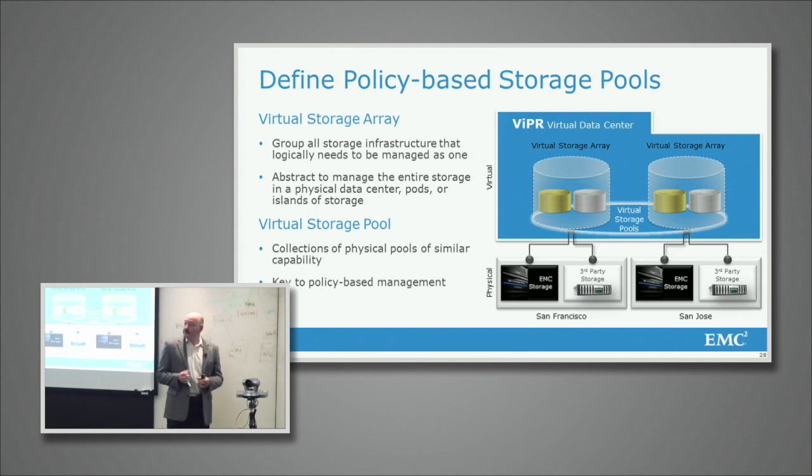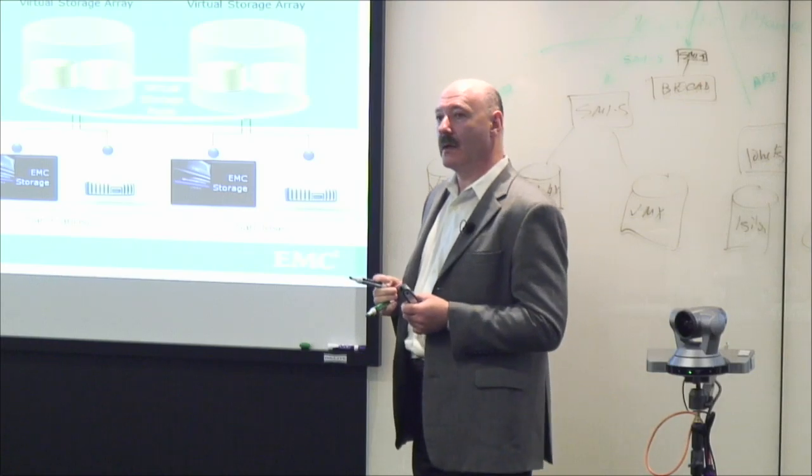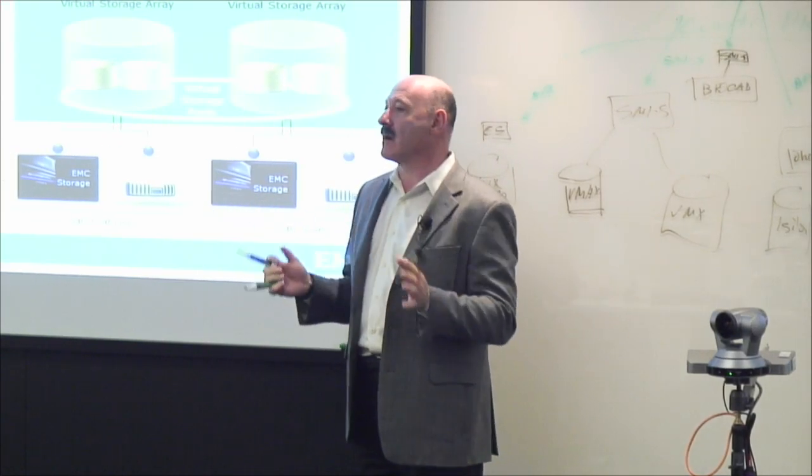I can aggregate an EMC storage to a third-party storage and make a virtual array. So absolutely, yes, you can. I get two different LANs. I have them together, and you have a virtual storage bigger LAN. Yes. No. You can't. You can't span LANs, right? Okay.